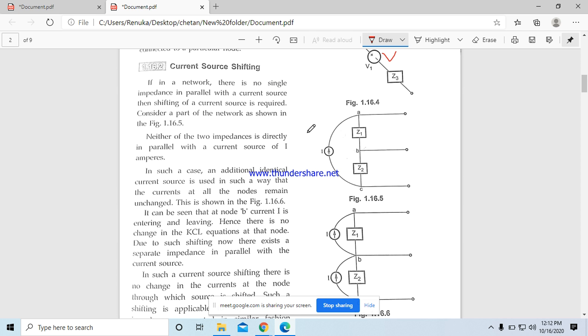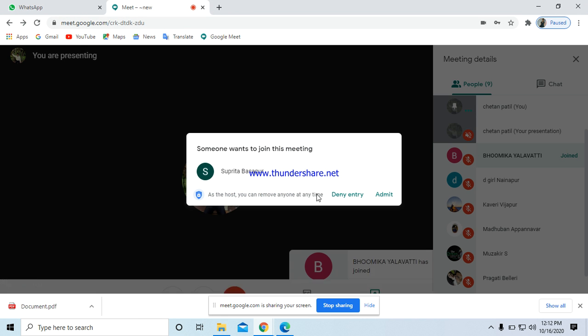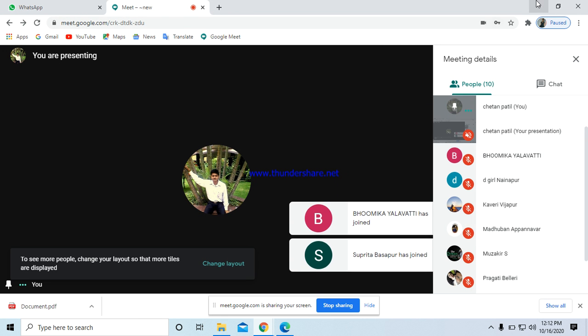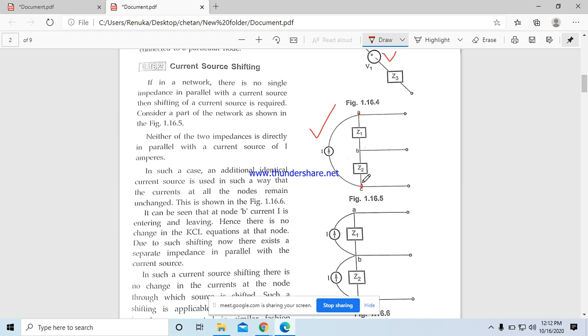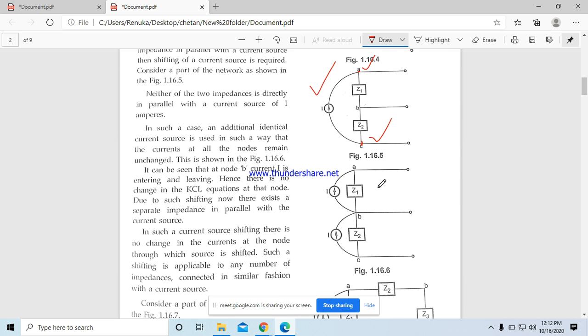Next, if you are having a current source like this, instead of drawing the current source from this point to this point, whatever the current you will get at point A as well as at node C, the same effect you can get if you draw like this.